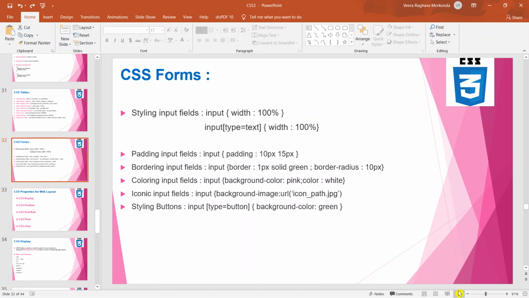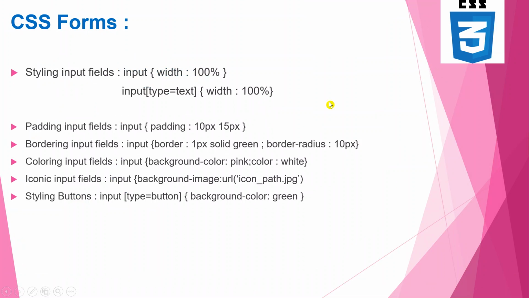Your imagination is the limit for that. So this is the basic form styling. You can go further as well, no problem, it's your interest. But the basic and frequently used styles are these.